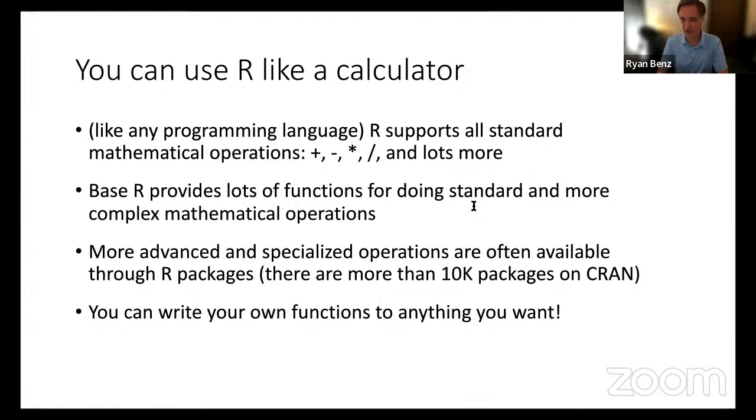On CRAN, for example, there are more than 10,000 packages. So if you are looking to do something, there may be a package out there that can address your needs. If you're interested in mass spec proteomics, you probably want to go to Bioconductor, and there are lots of amazing packages there. If you're interested in analyzing stock data, there are packages in R for that, all kinds of stuff. So there's lots that can give you more functionality in R.